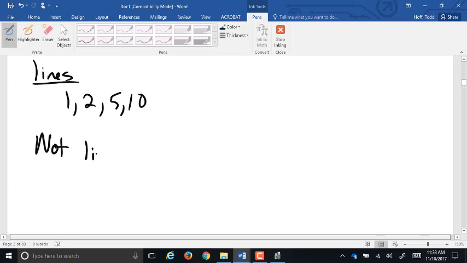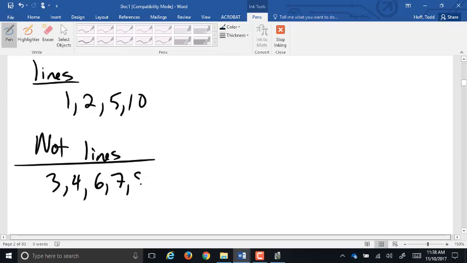The ones that were not lines were 3, 4, 6, 7, 8, and 9. I want you to look at the equations for those graphs and tell me what's different about them. More specifically, what do these ones that are not lines have in their equations that are not in the ones that do make lines?